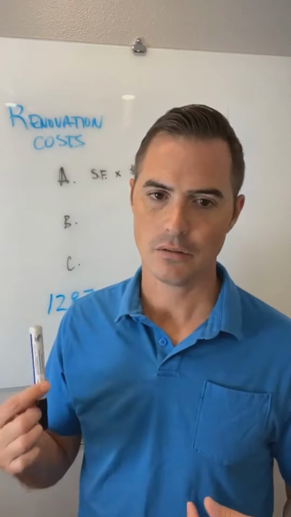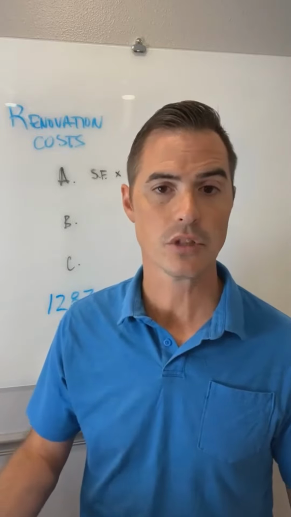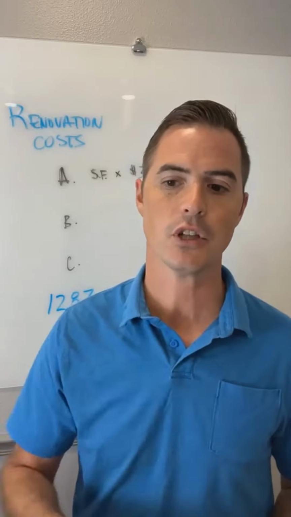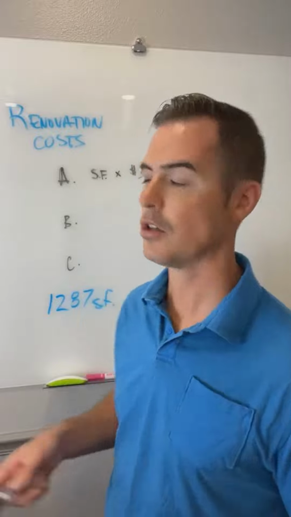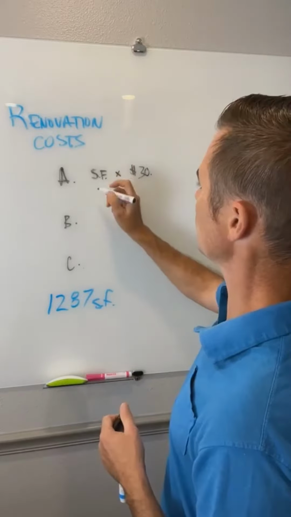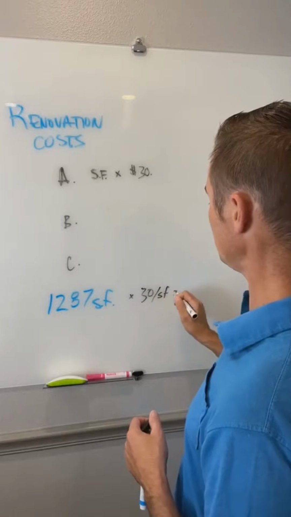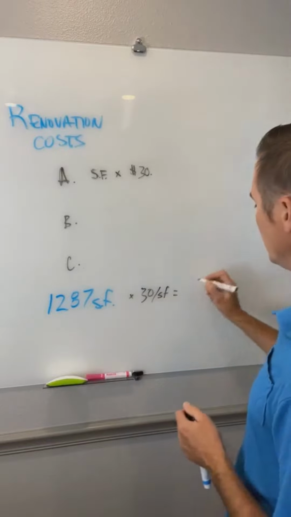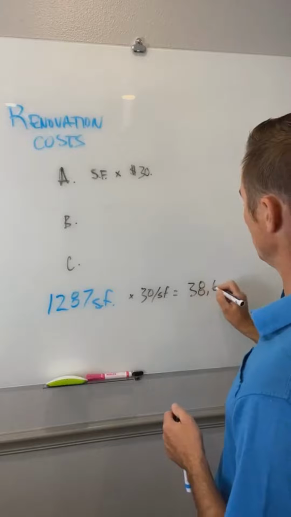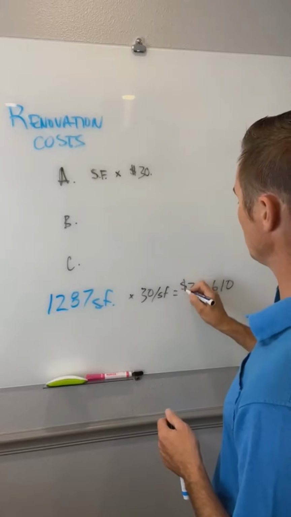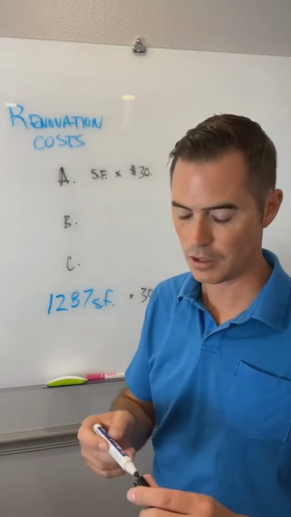If I figure as a buyer, as a flipper, or as a wholesaler that's going to market to flippers, $38,610, right? That's 1,287 times $30 a square foot equals, somebody check me on this, $38,610. That is my renovation cost.